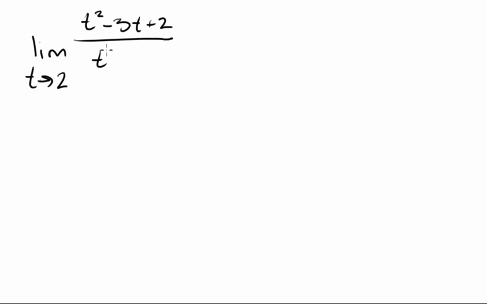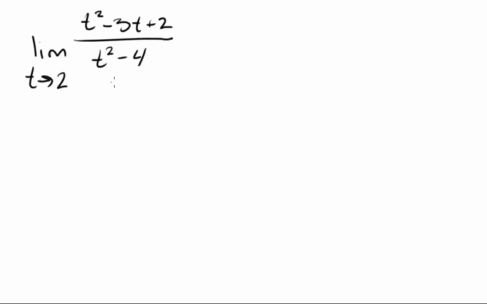So let's do the limit as t, changing up the variables, approaches 2 of t squared minus 3t plus 2 all over t squared minus 4.